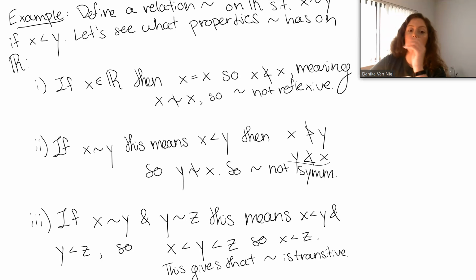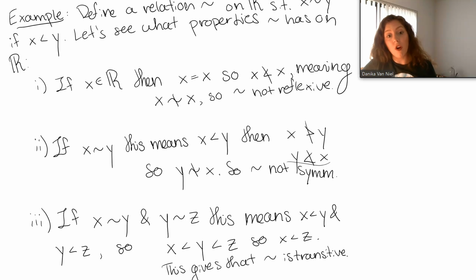So when trying to prove a for all statement true, you need to show for all. But in this case, we were actually able to show that for all elements in R, it's not reflexive. And whenever x twiddles y for a generic x and y, y does not twiddle x. So this is kind of special. You're not always going to be able to show that.